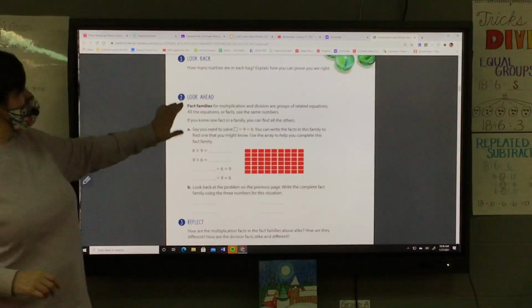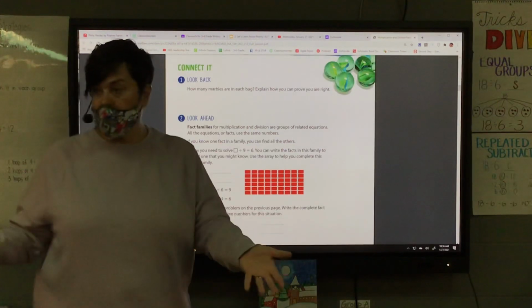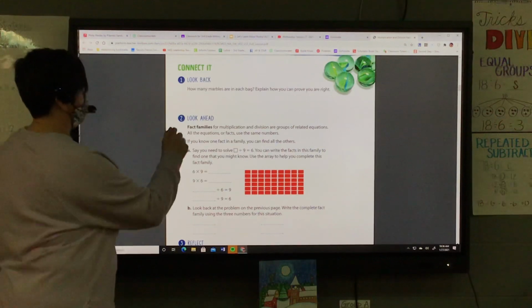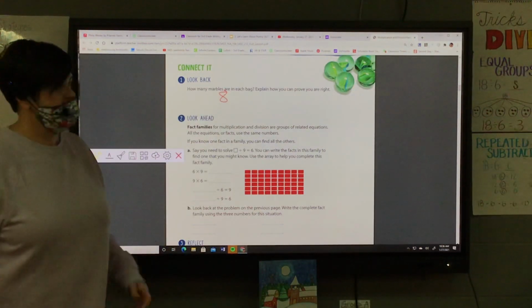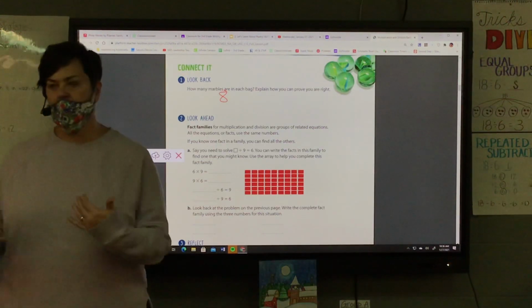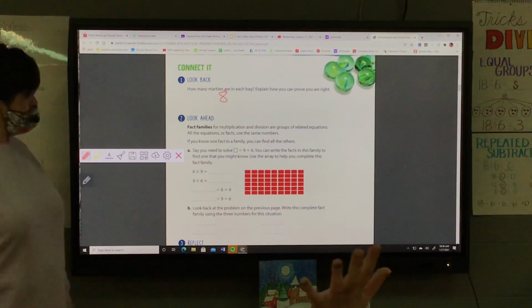So let's look at 1 here. It says, look back. How many marbles are in each bag? What did we determine? 8. Let's write that down. There are 8. How can we prove that we are right, that there are 8 marbles in each bag? How could we say that?